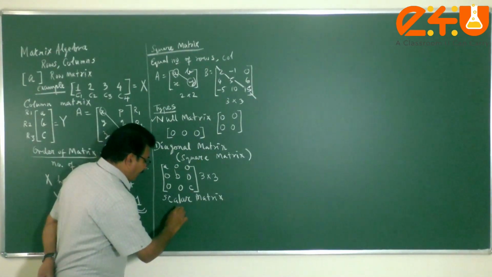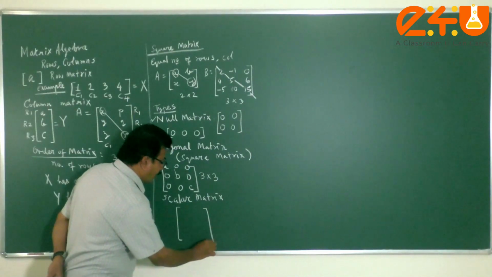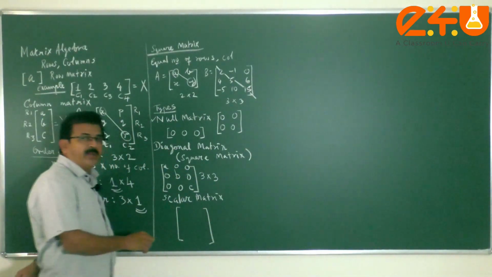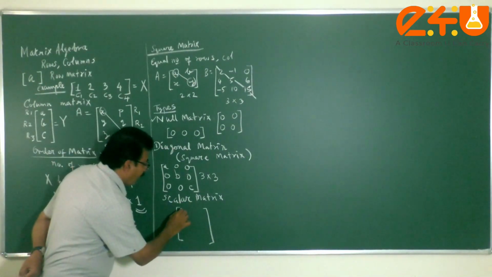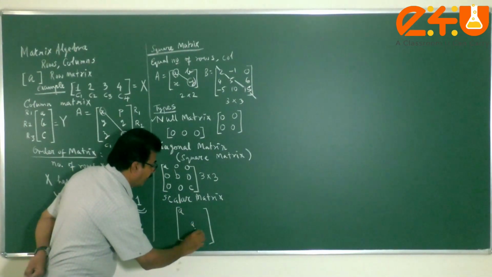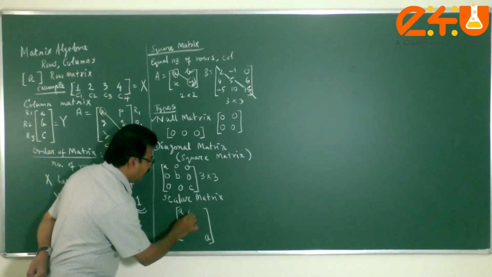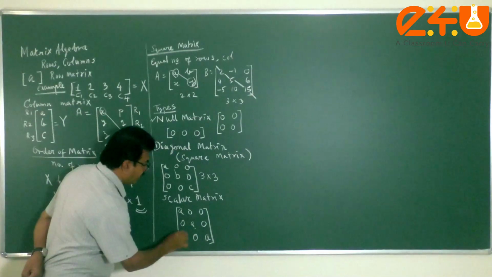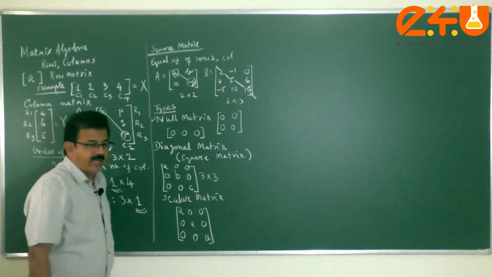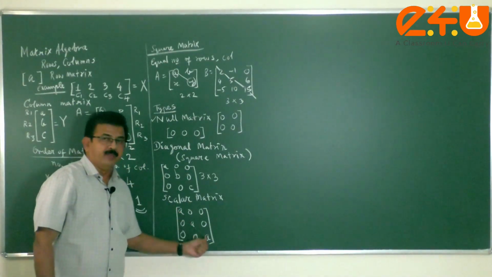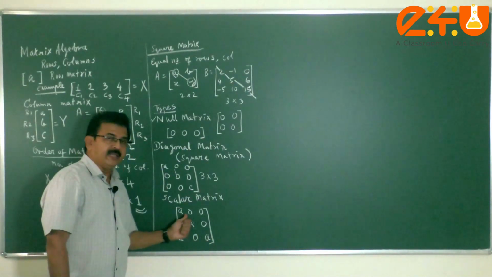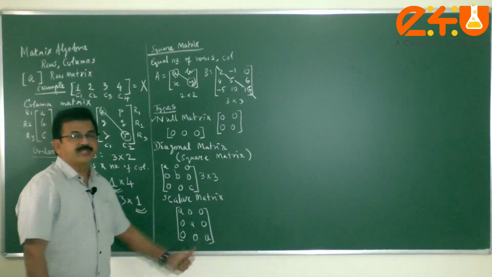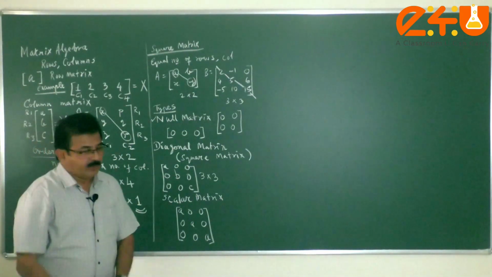So for scalar matrix, again the prerequisite is diagonal matrix. So it is a unique diagonal matrix where all diagonal elements are equal and all other entries are 0. I have made the diagonal elements, all of them, equal to A, again A, again A. That forms a scalar matrix.